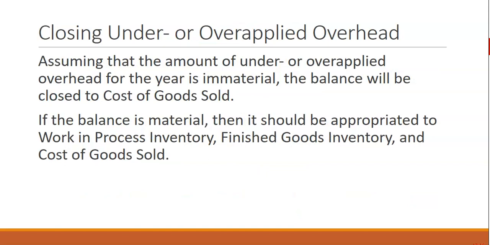If the balance is material, then we should divide it between work in process inventory, finished goods inventory, and cost of goods sold. If you remember from Principles of Accounting 1, what amount is material or immaterial is unique to each individual company.